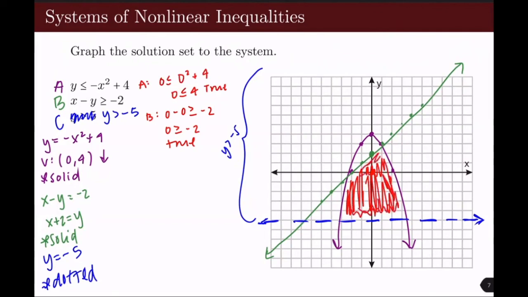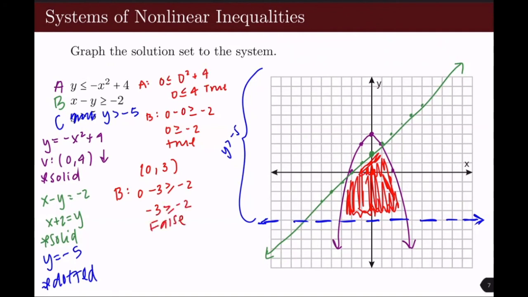If I pick some point above that green line, like (0, 3), for example, and plug that into inequality B, I would get 0 − 3 ≥ −2, which is −3 ≥ −2, which is false.